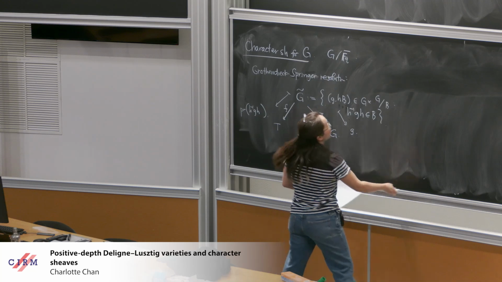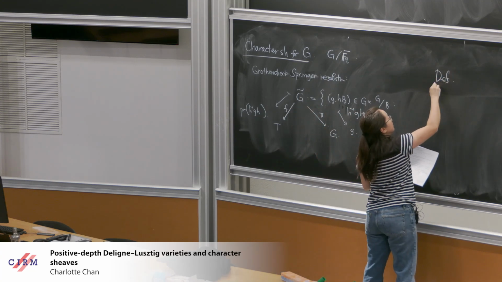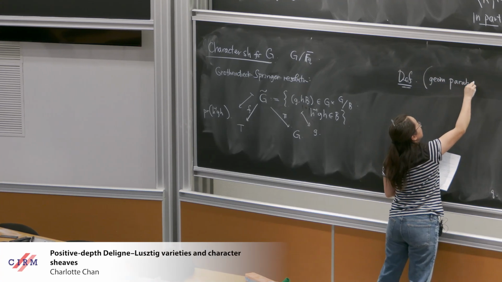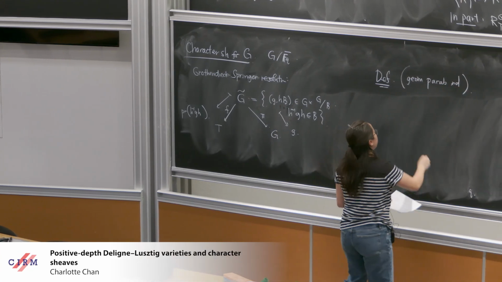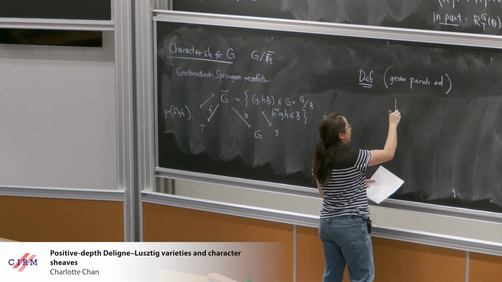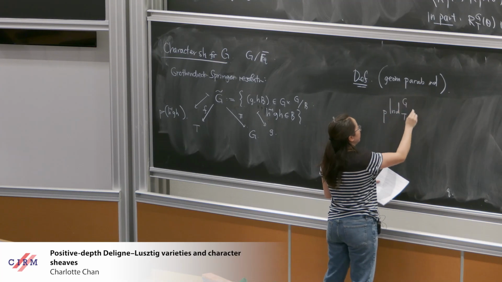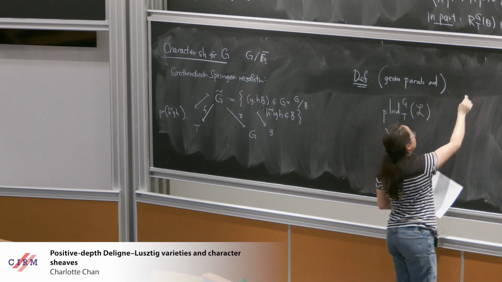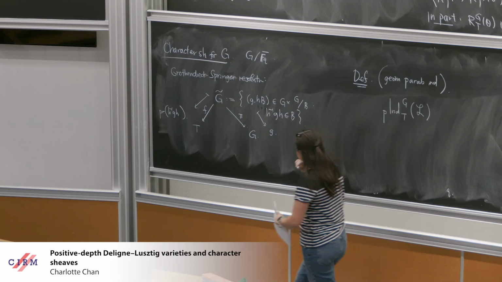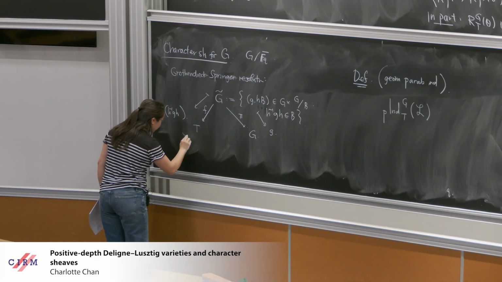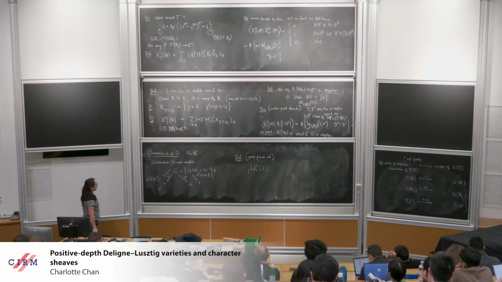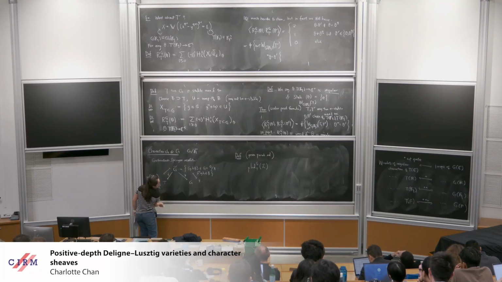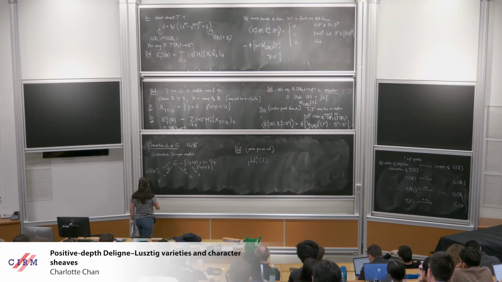Okay, so let me define now geometric parabolic induction. And I'll call a parabolic induction from T to G of some sheaf L. So I start with some sheaf L on my T. And actually, I think everything I'll say, I'll only care about certain sheaves here.